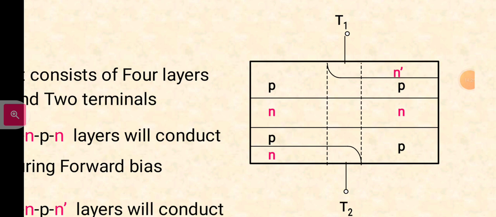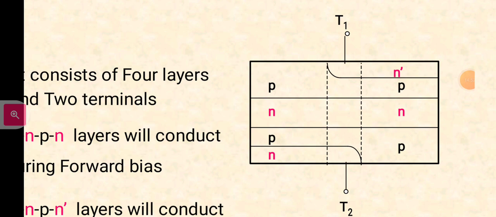So here it shows the cross sectional view of a diac. It consists of 4 layers, PN and PN dash, and has two terminals T1 and T2. These terminals T1 and T2 are connected to the P region of silicon separated by the N region.